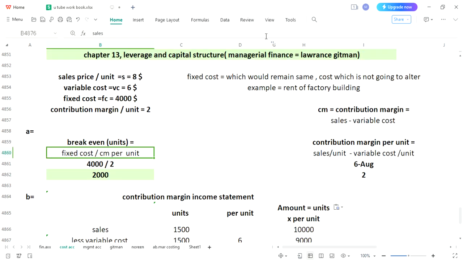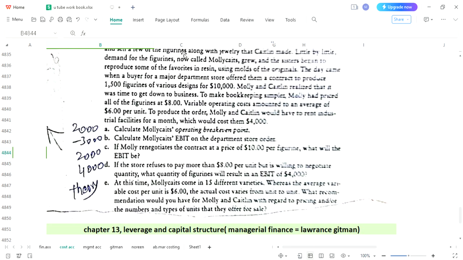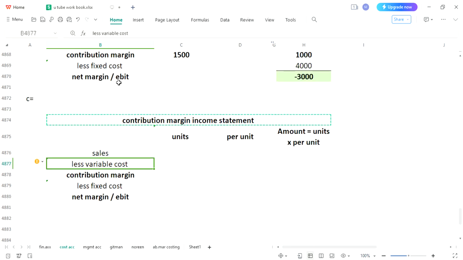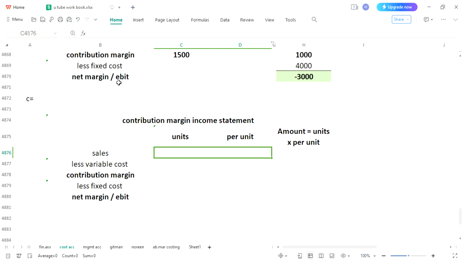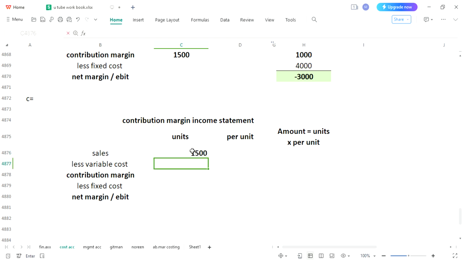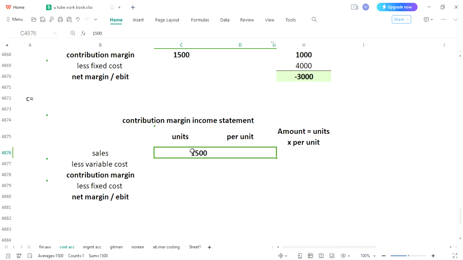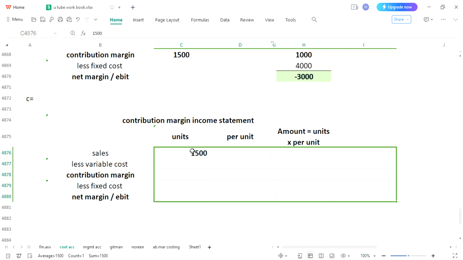For the second statement, number of units were 1,500. Same numbers we will use in B part as well. 1,500 for sale, and this column is not good for us. Let's unmerge it. Number of units for C part 1,500, and we have described that number of units for sale, for variable cost, and for contribution margin.